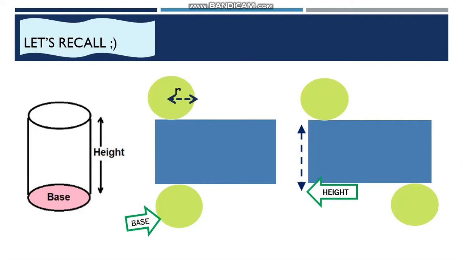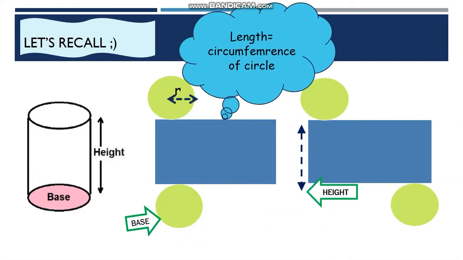What else? Yes, I think you are thinking about what is the length of the other side of this rectangle? I think you know this from previous lessons. Yes, the length of this rectangle equals the circumference of the circle.